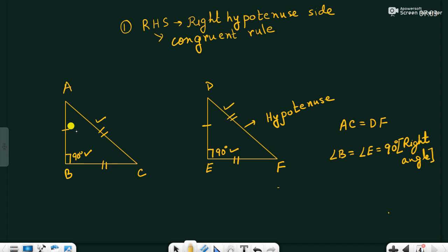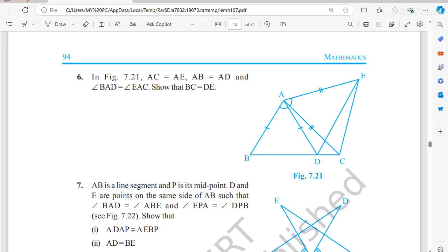And any of these sides, either AB equals DE or BC equals EF, then we call it the right hypotenuse side congruent rule. These are the different congruent rules we already discussed.